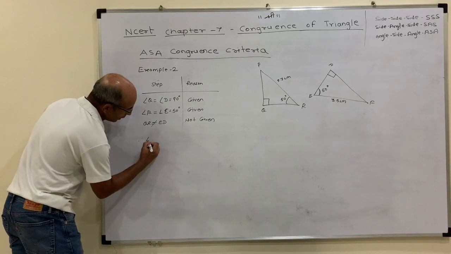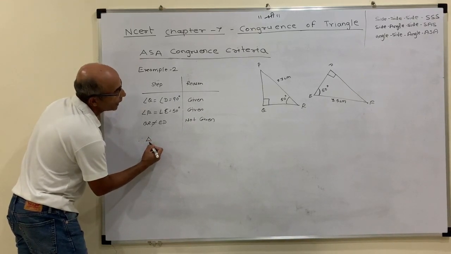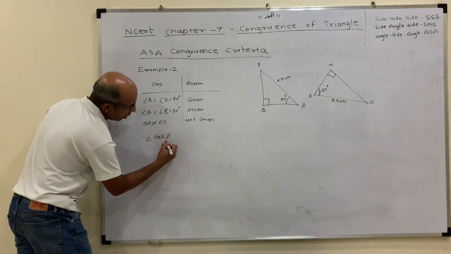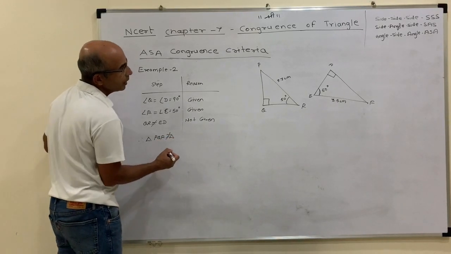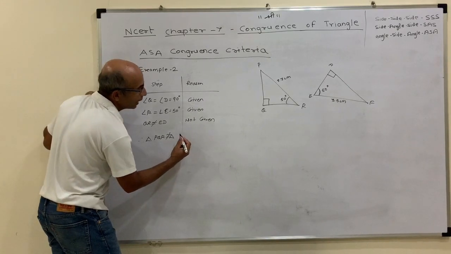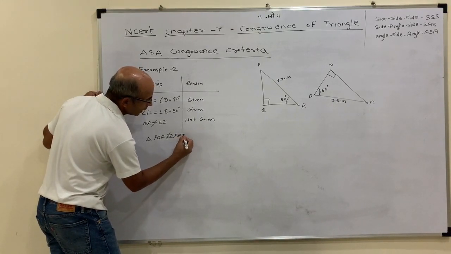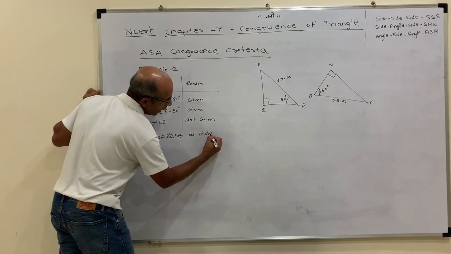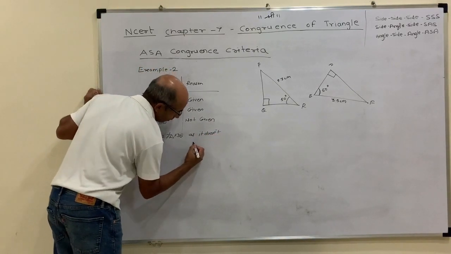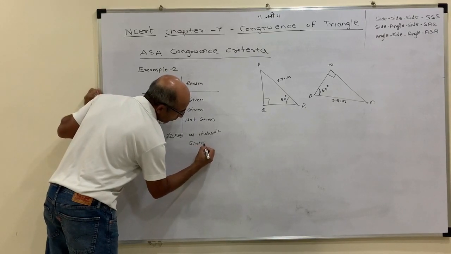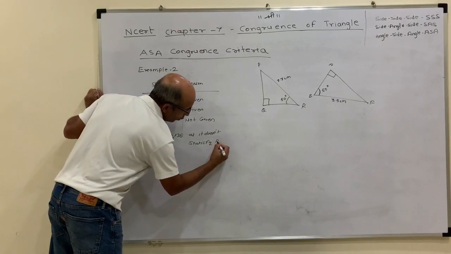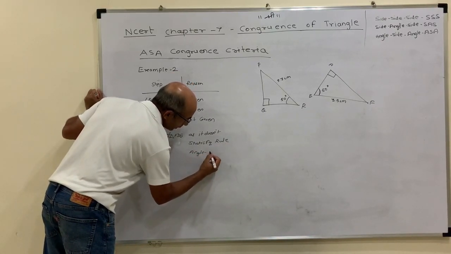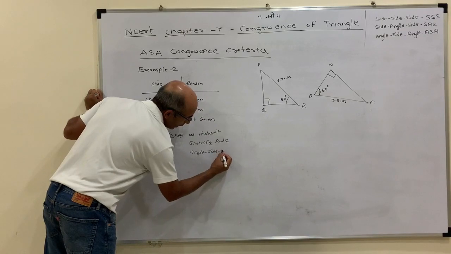Therefore, triangle PQR is not congruent to triangle FDE as it doesn't satisfy the rule angle-side-angle.